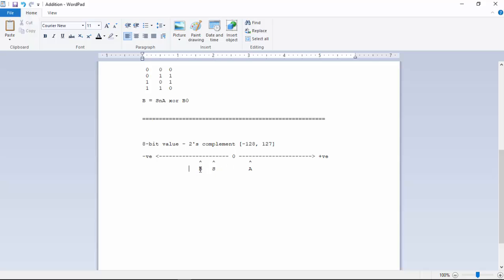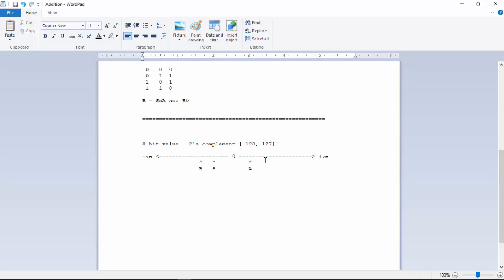So if I can successfully represent B in an 8-bit 2's complement value, and A in 2's complement, then any value between them can be represented in a 2's complement 8-bit value. I won't have a problem, right?